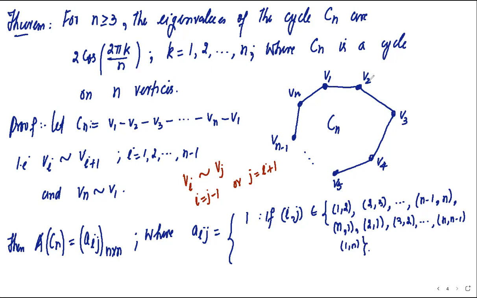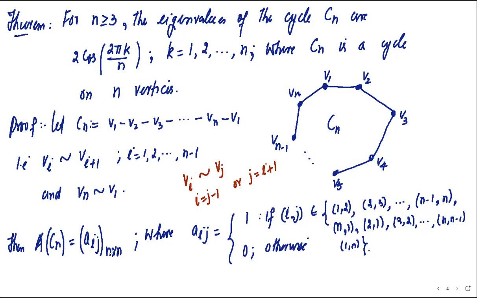So if i is equal to 1, j is equal to 2, we can choose the reverse also because V2 is also adjacent with V1. So 1 2 should be here and 2 1 should also be here. Now 2 and 3 are adjacent, but 3 and 2 are also adjacent. Similarly, we have to take the ordered pairs both ways. And this is equal to 0 otherwise.